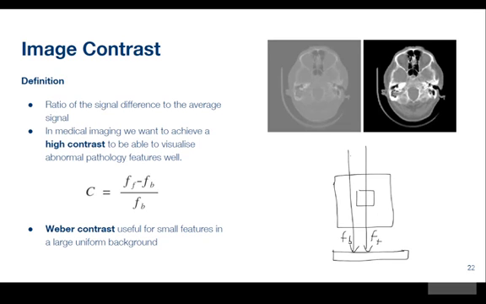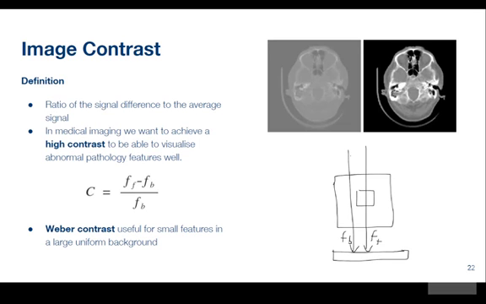Then we look at the signal through the bone, and the signal in the background, or the average away from that. And it's essentially related to the difference in those signals. Okay, so a high contrast image would give us a big difference between those signals. A low contrast image, there'd be a very small difference between them.